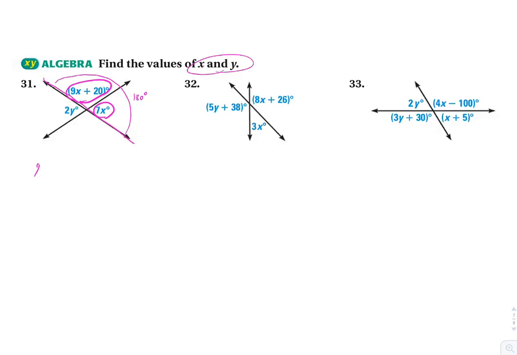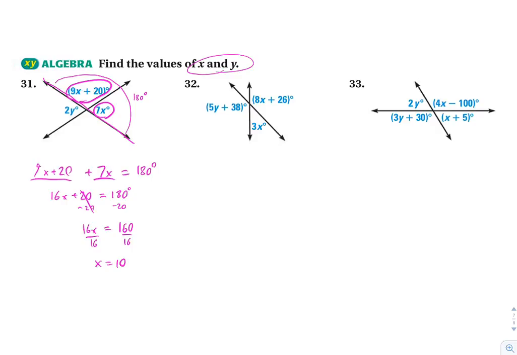So we go, okay, well, one of them plus the other one is going to add up to a total of 180 degrees. So we get 16x plus 20, just combining like terms, is 180. And then solving, we get 16x equals 160. Dividing by 16, we get x equals 10.